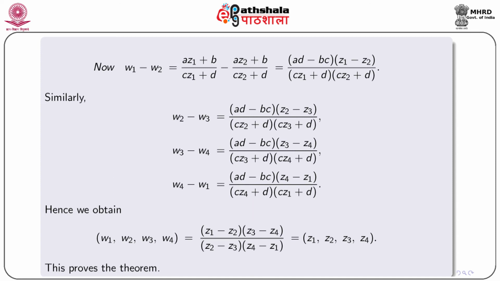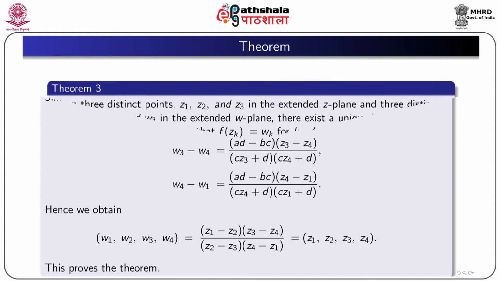Therefore, we obtain the cross ratio of W1, W2, W3, W4 is equal to (Z1 minus Z2) into (Z3 minus Z4) by (Z2 minus Z3) into (Z4 minus Z1), which is equal to the cross ratio of Z1, Z2, Z3, Z4. So, this proves the theorem.